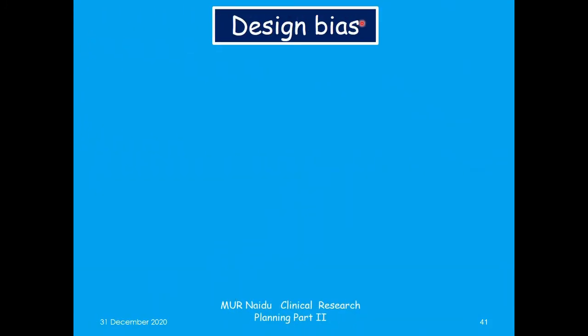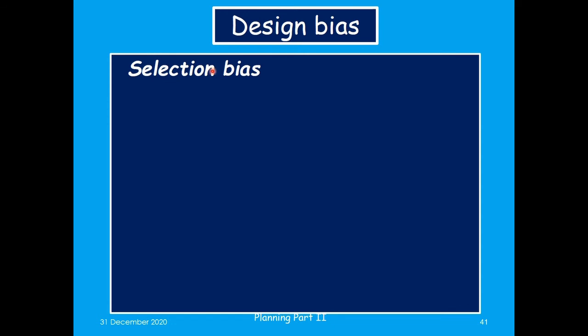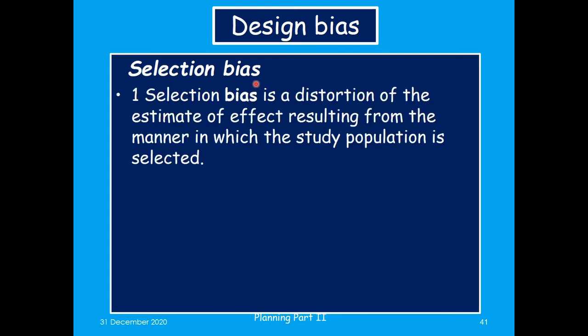Coming to design bias, the first is the bias which comes because of selection. Selection bias is a distortion of the estimate of the effect resulting from the manner in which the study population is selected. I just gave the example of evaluation of osteoarthritis.